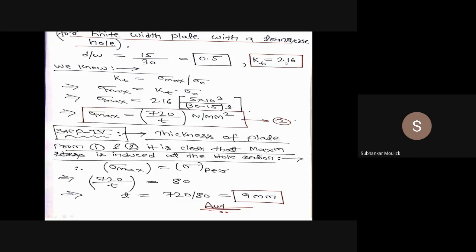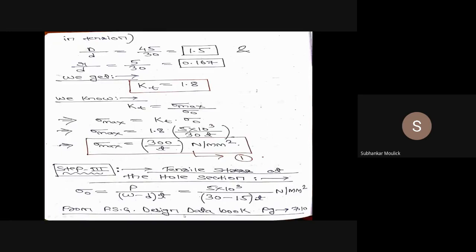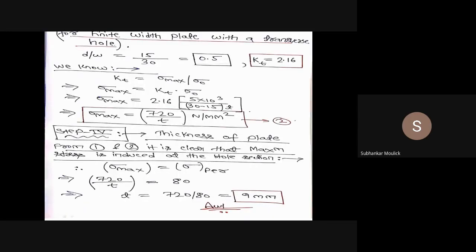Kt we know 2.16, into sigma naught for this whole cross section, which is 5 into 10 to the power 3 divided by (30 minus 15) times T. If you solve it, the maximum stress generated due to abrupt change in the cross section due to a hole is 720 by T Newton per millimeter square. Equation number 2. Is it clear?